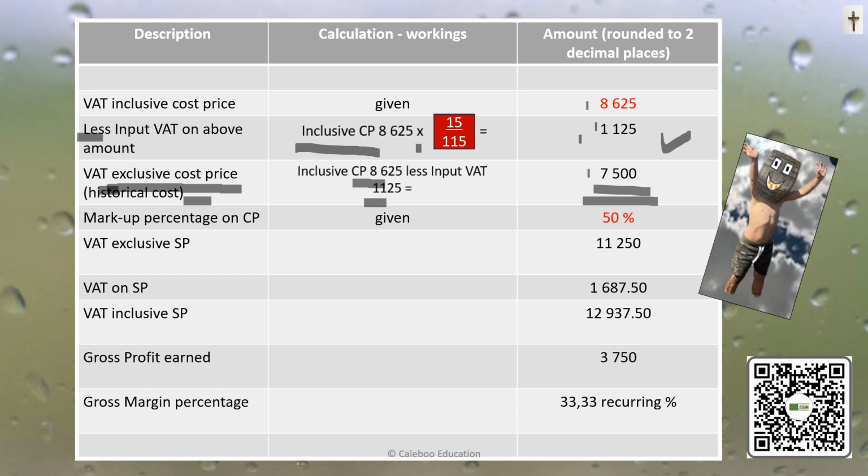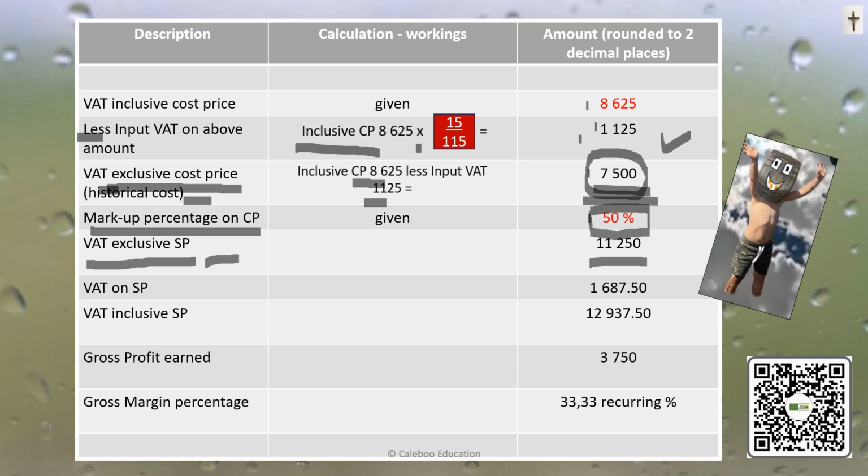Now the next thing they want to know is what is the markup percentage on cost price. My apologies, it is given: 50%. So what is the VAT exclusive selling price? If the markup is 50% on the cost price, the VAT exclusive selling price is going to be 11,250.